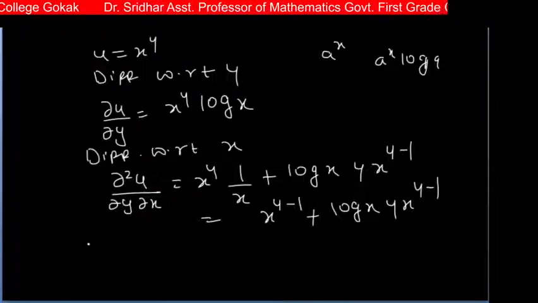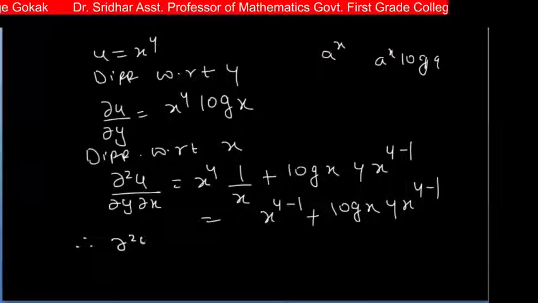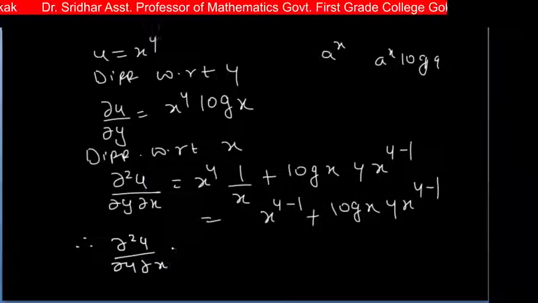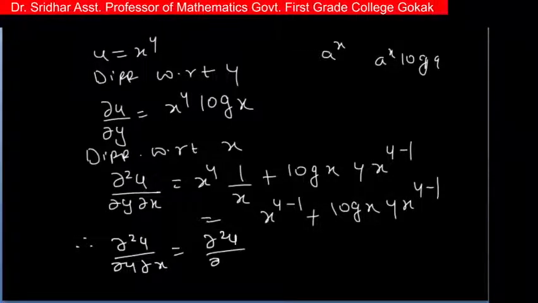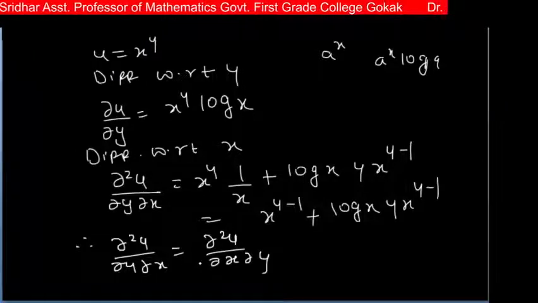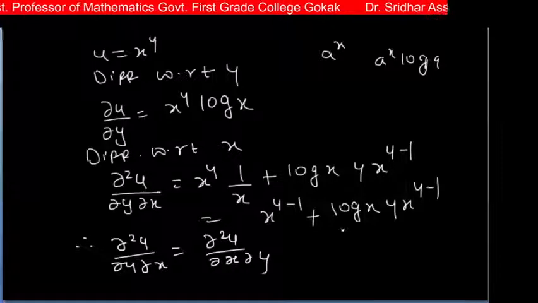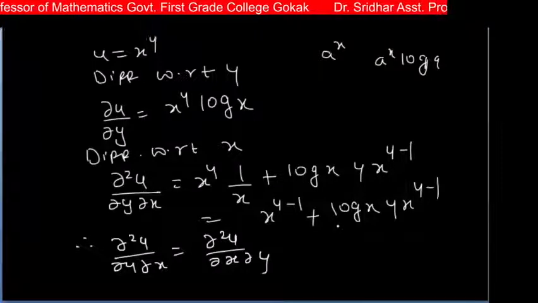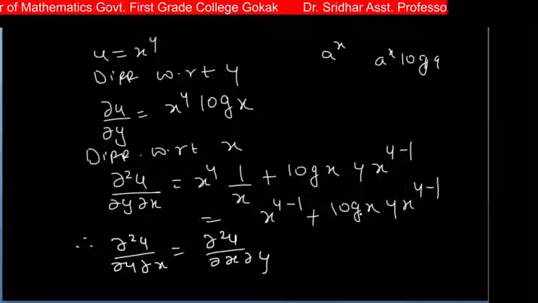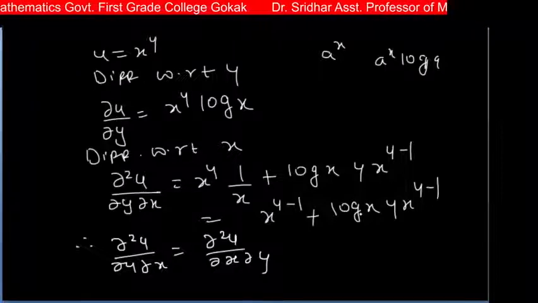So both are one and the same. Therefore ∂²u/∂y∂x is equal to ∂²u/∂x∂y. So this is the solution of the given problem. Okay, so with this I conclude this class and continue in the next class. Thank you.